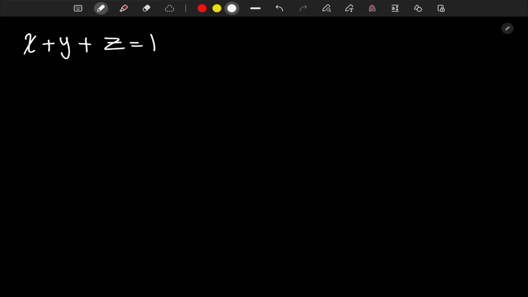Now, to understand what this function looks like, we can try to look at it in a two-dimensional way. So what we can do is make z equal to 0. That way our drawing will be only in the x and y plane.